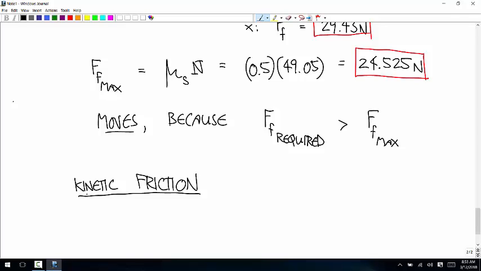So with static friction, how many possibilities are there for the friction force that's applied? Like 1 or 6 or 4? Well, it can be anything. There's a continuous range of possible friction forces that can be achieved.